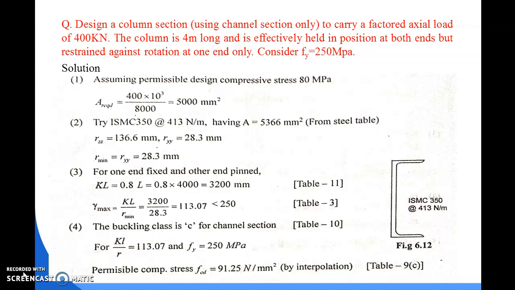So as per the area required, the area provided for this particular channel section must always be greater than 5000.